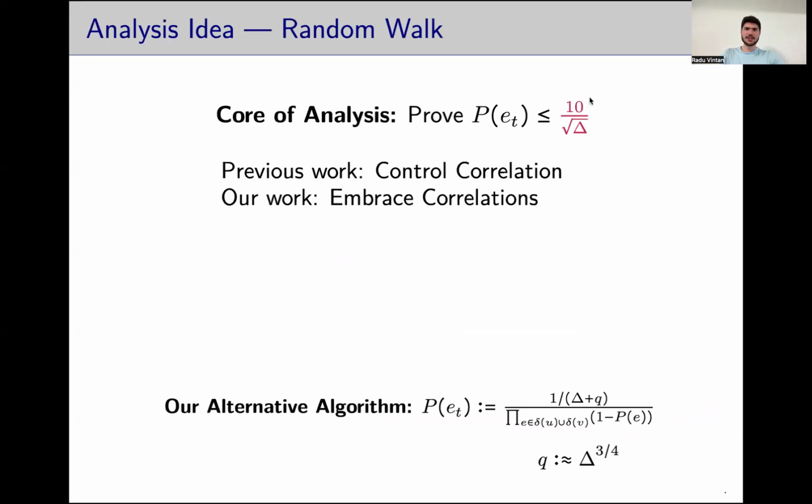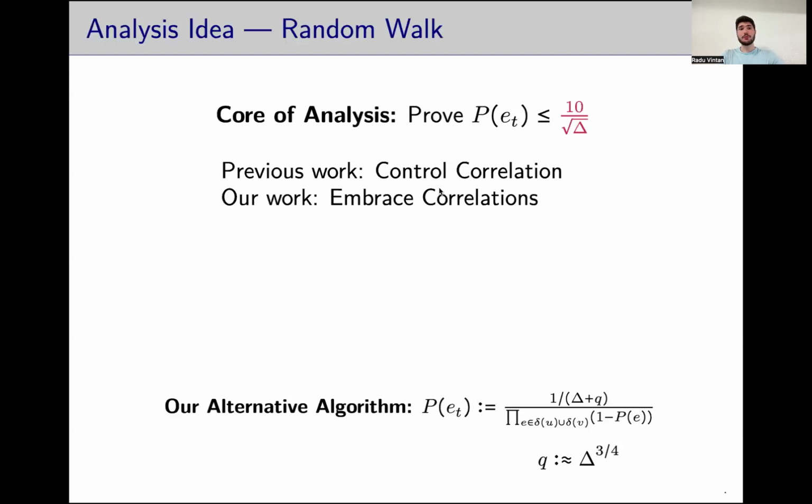So first, we will show something slightly stronger, but I don't want to get into quantitative details. The main thing to notice is that here we will deal with some process where there are correlations. And this is a recurrent theme in previous works. And in previous works, these correlations have been handled by explicitly arguing they are negative or they are positive and very small or something like that.